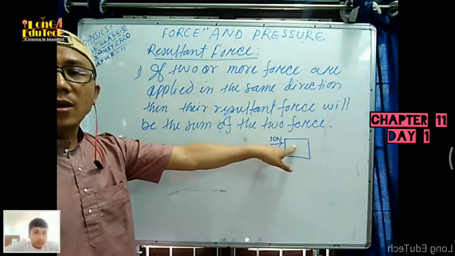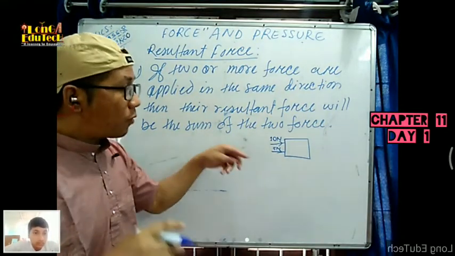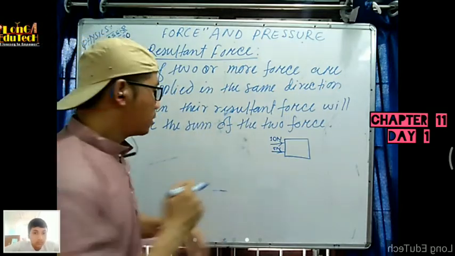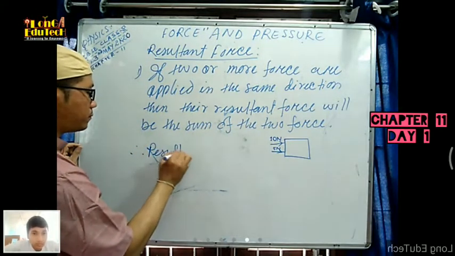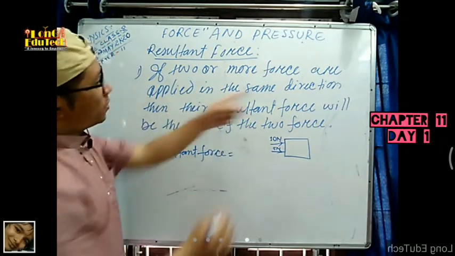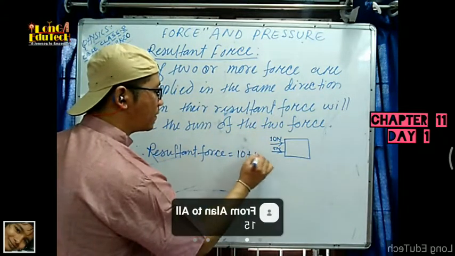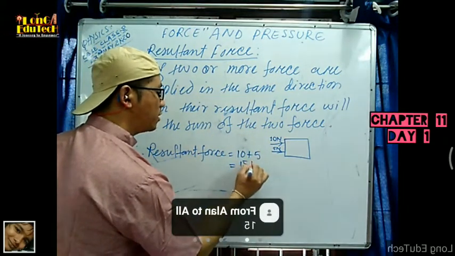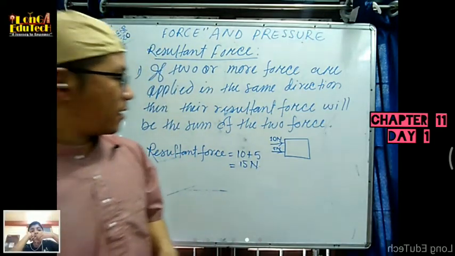Then what will be the resultant force? That is the question. If both are applied in the same direction, their resultant force will be the sum of the forces, so 10 plus 5, that together is 15 Newton.